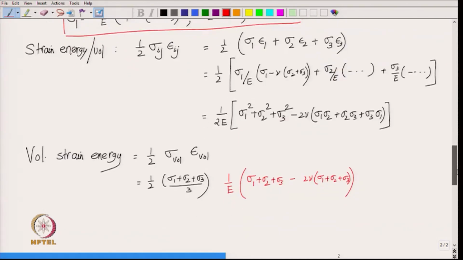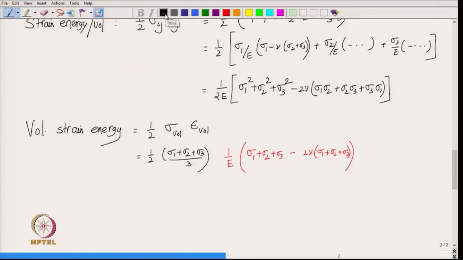Okay. So, finally, when you combine them, we get 1 over 6E into sigma 1 plus sigma 2 plus sigma 3 into sigma 1 plus sigma 2 plus sigma 3 into 1 minus 2 nu.